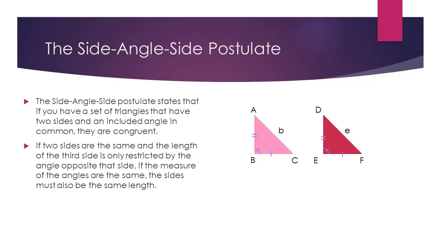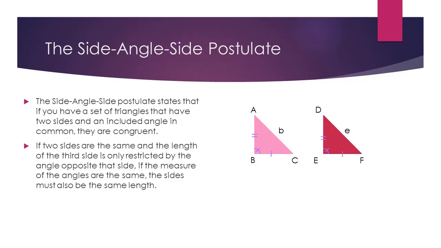So we know that if you have two sides that are the same, the length of the third side is only restricted by the angle opposite that side. If you look at the figure to the right, we see triangles ABC and DEF. For angle B, we can see the side opposite of it denoted lowercase b, and for angle E, the side opposite is denoted lowercase e.